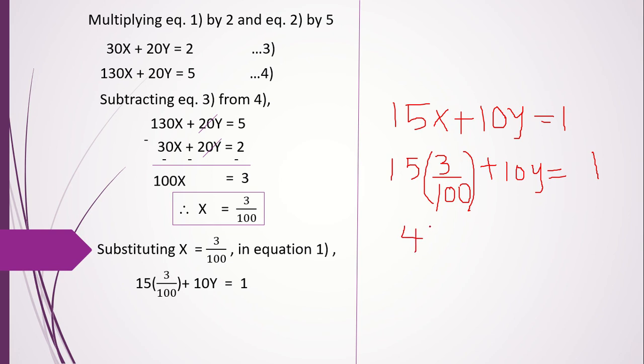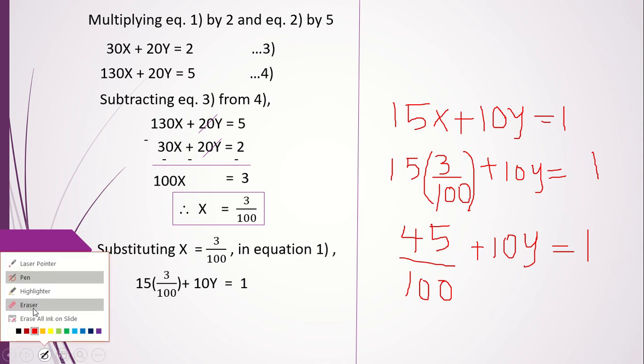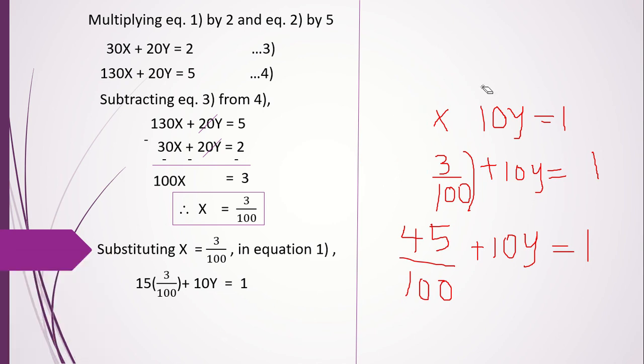So it becomes 45 upon 100 plus 10y is equal to 1. Now this 45 upon 100 will go that side, will become minus, 1 minus 45 upon 100. And then we will cross multiply. It will become 100 minus 45 upon 100. Okay. So let us see how we do it.